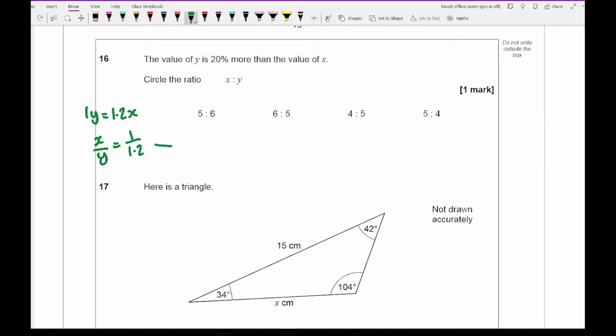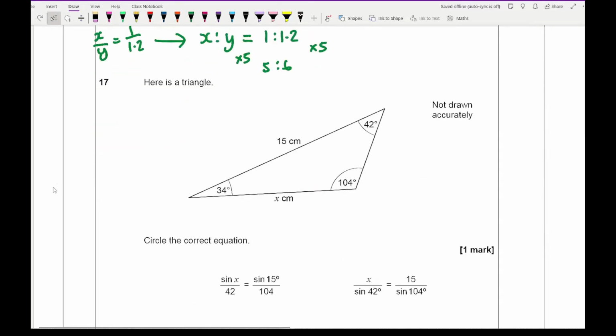So then the ratio that I'm converting is x to y equal to 1 to 1.2. Now obviously none of these options are decimals, so what we then need to do is convert them into whole numbers. I can do that by multiplying both numbers by 5, in which then I get 5 to 6, so it's my first option.